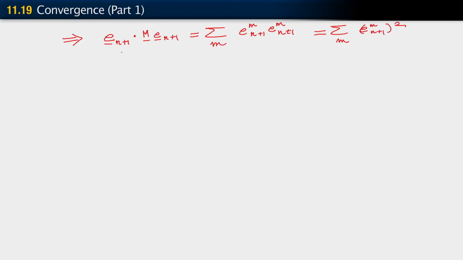Okay, so now it's clear that if this quantity is tending to 0, it means that the modal coefficients, that sum itself has to tend to 0, right? Which means the modal coefficients themselves have to go to 0.